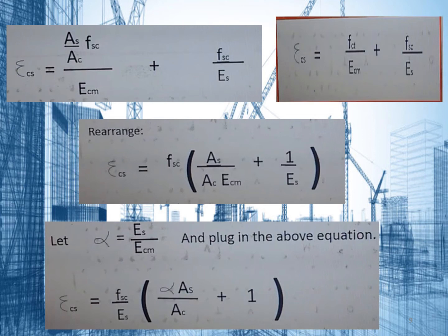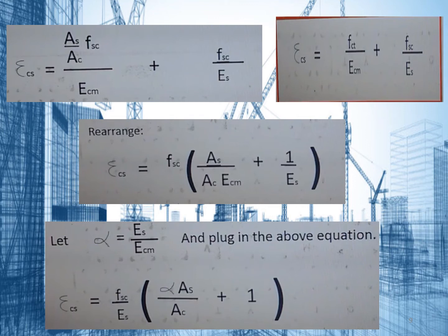Dividing both sides by ES, the modulus of elasticity, alpha equal to ES divided by ECM. Then we can convert to the equation epsilon CS equal to FSC divided by ES within bracket alpha AS divided by AC plus 1 close bracket.